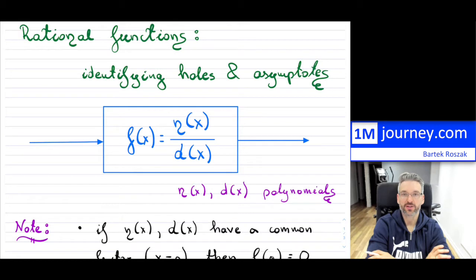In particular, if you're trying to sketch them, or if you want to know some characteristics of them, when they have a hole and when they have an asymptote. A hole means a place where the function is not defined at that particular point. So it has a hole in the actual function if you were sketching it out for yourself.